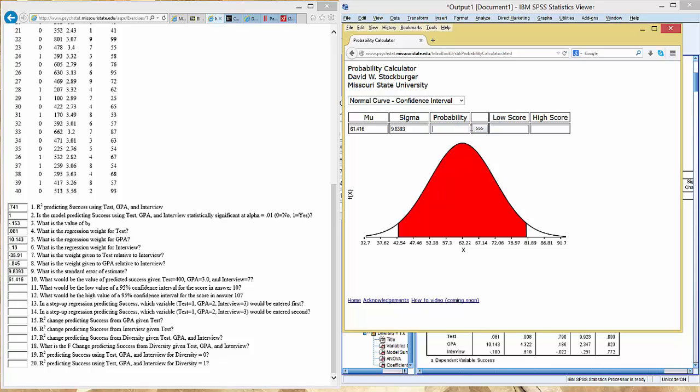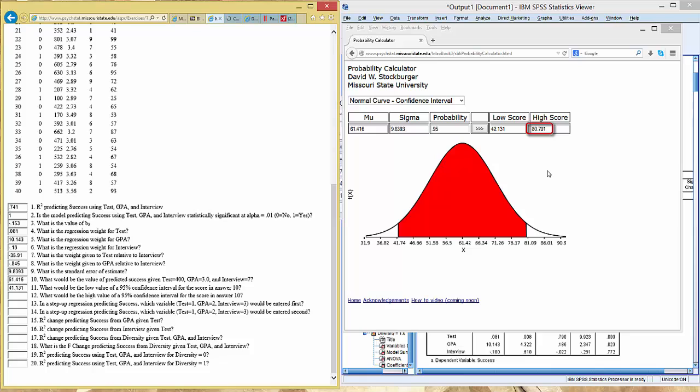Probability will be 0.95. We'll click here and we get 41.131, and high value would be 80.701.